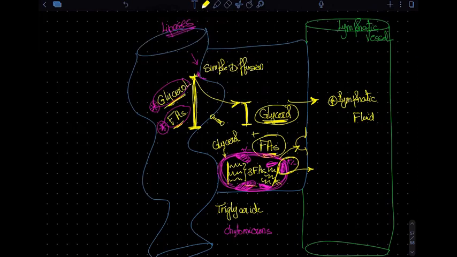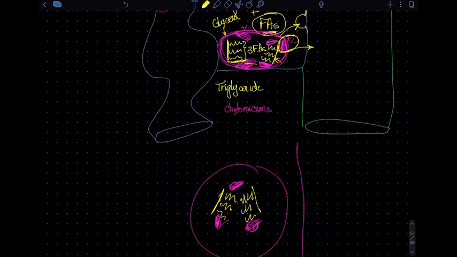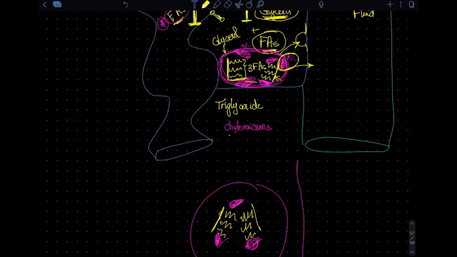Inside the intestinal cells, in order for them to be transported out to reach the circulation and be distributed to the different body cells, you're going to add three fatty acids to the glycerol, forming triglycerides, and you're going to add proteins. All those large complexes are called chylomicrons.